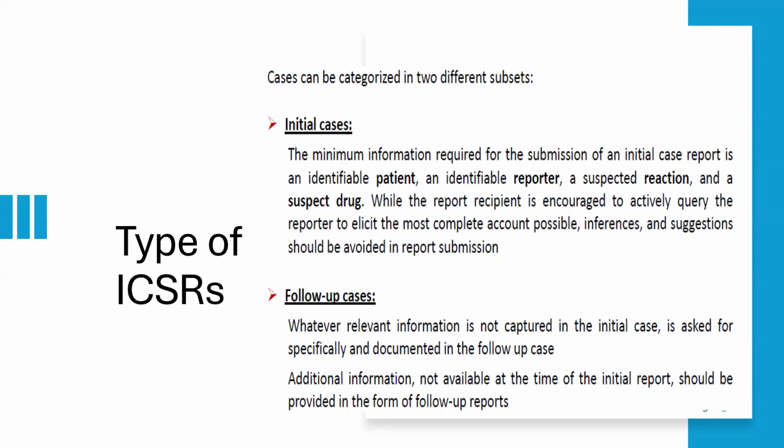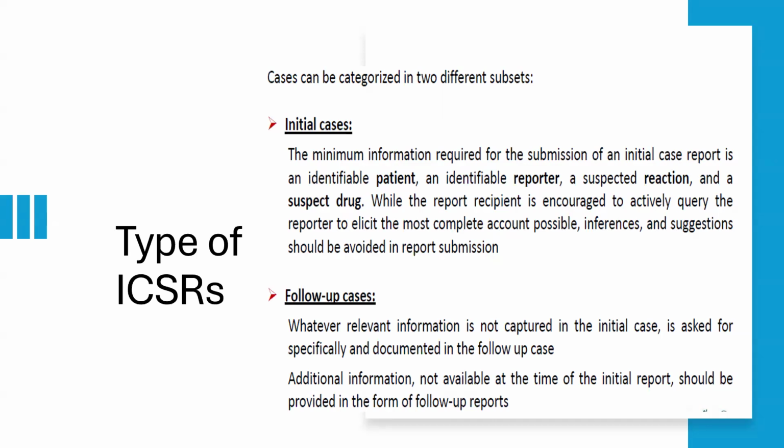Sometimes we receive follow-up information directly, and sometimes the reporter is followed up with. What does that mean? When we are processing the initial case, we are not confirmed whether the case has a single patient or multiple patients, or whether it is from a study, or what type of source it is.